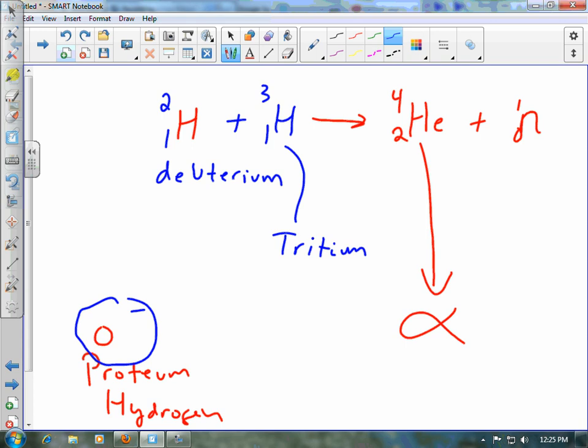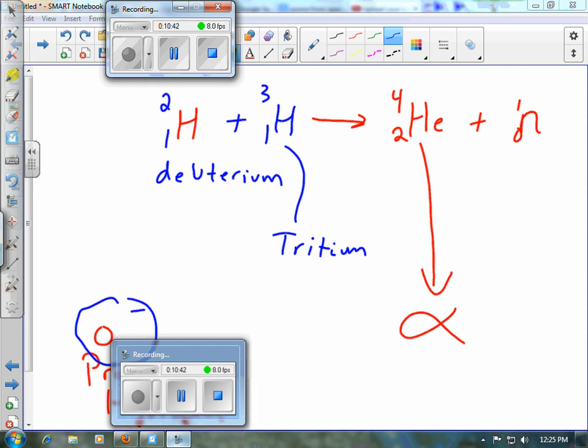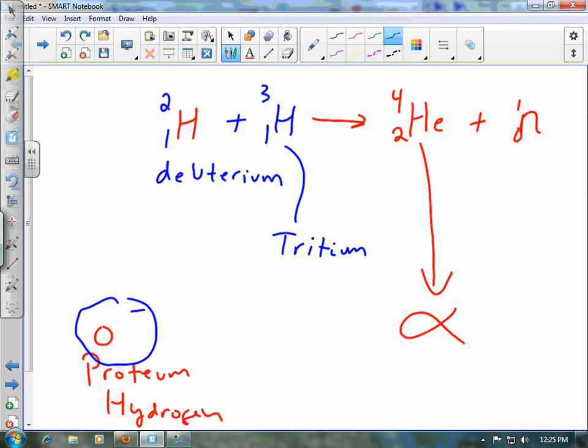Now, fusion has been done successfully, and it's been weaponized, obviously, as hydrogen bombs, which are incredibly powerful and truly a terrible weapon. So that's one type of fusion reaction that's been done, not a good one. But also there's a number of different fusion reactors that have been built that do indeed work. The only problem is they're under unity.